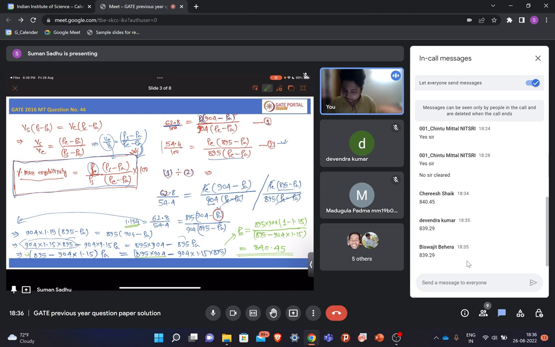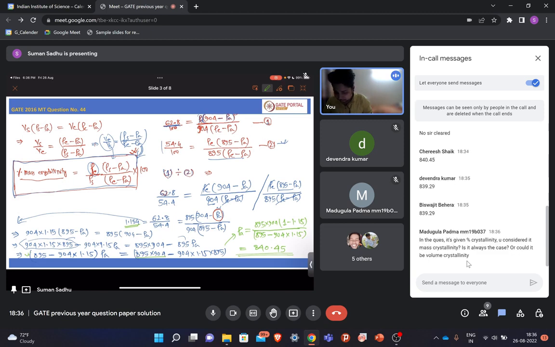If you take it as 1.15 only, if you just take up to two digits, I think you will get 839.29. So that is fine. So nearby only.